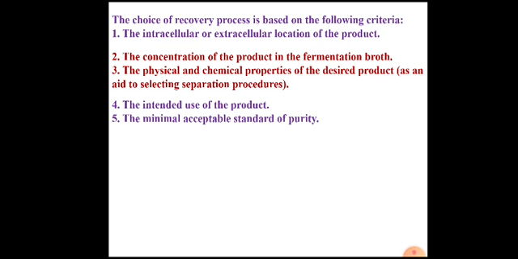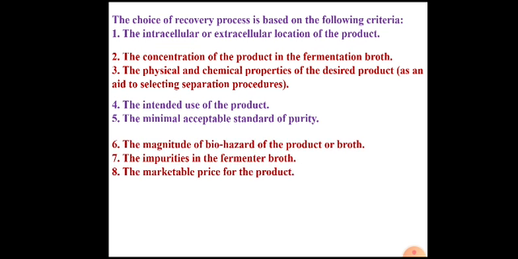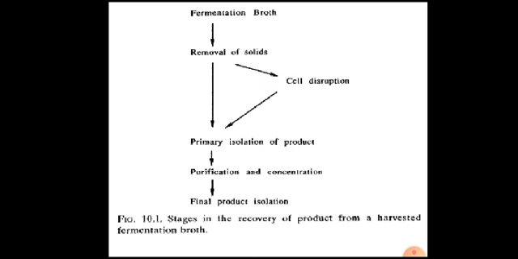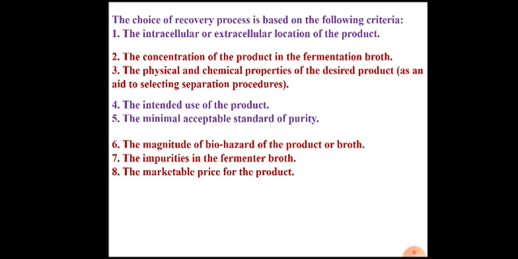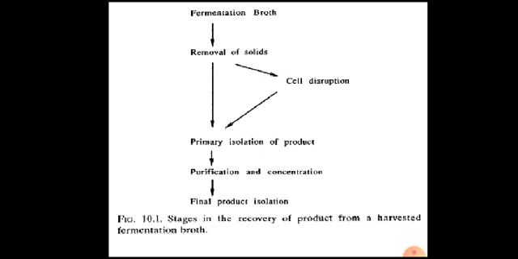Then the minimal acceptable standard of purity, the magnitude of biohazard of the product or broth, the impurities in the fermenter broth, and the marketable price of the product. All these are the criteria on the basis of which we can choose a method of recovery. So in order to make this process cost efficient, all these properties are very important.